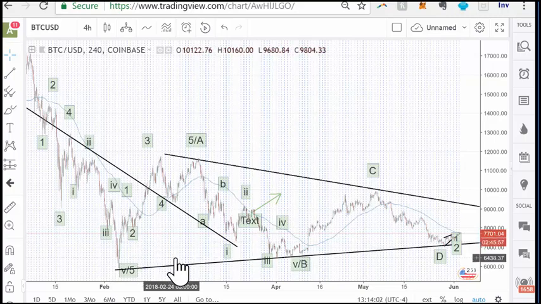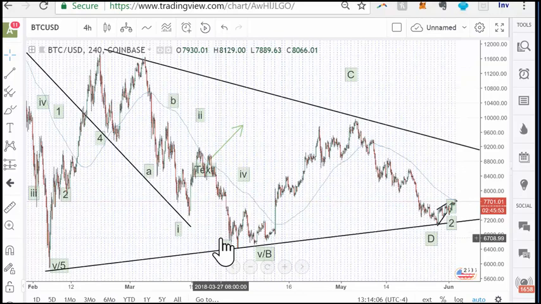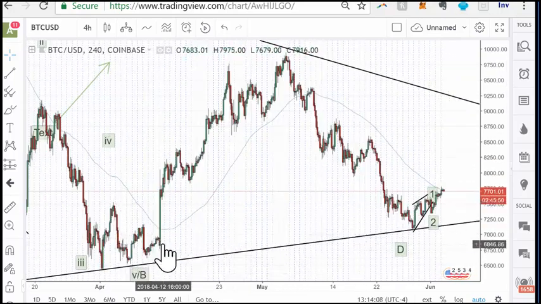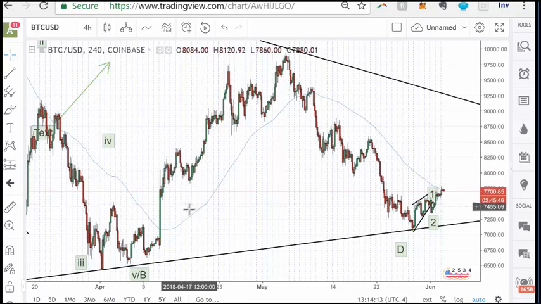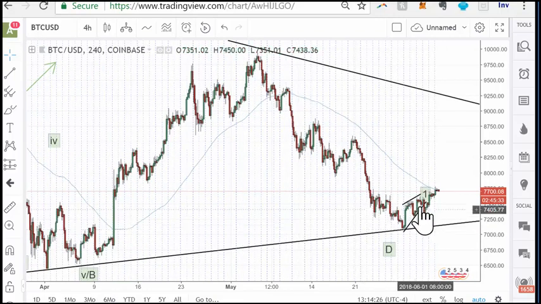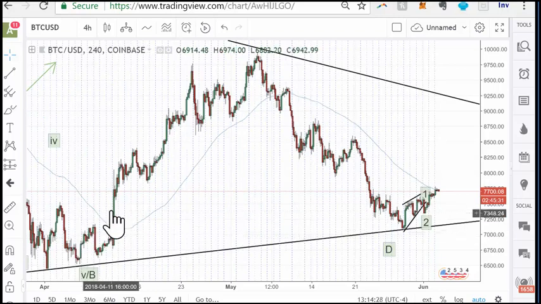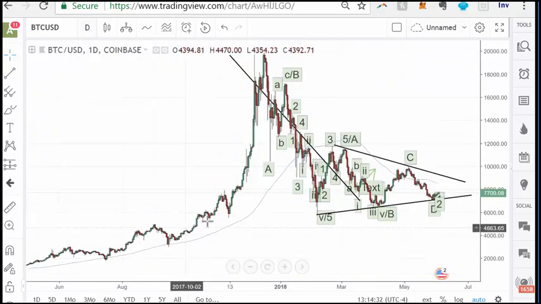It turns out we eventually did get that 7,400, here, after A, B, 1, 2, 3, 4, 5. That 2 I thought was going to come down to this 7,400 region, but we didn't get that until here, and it actually went even further, 7,100, maybe even a little bit below that. But this area, 7,500, did get tested, and it looks like we're moving above that right now.